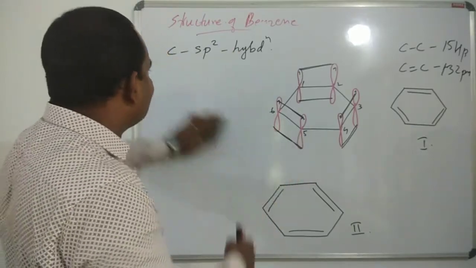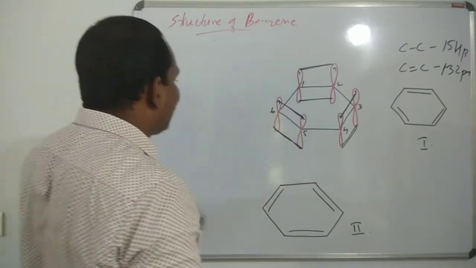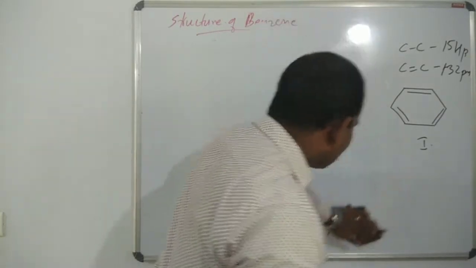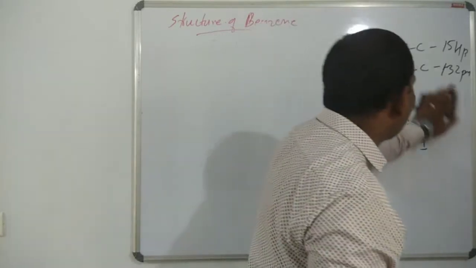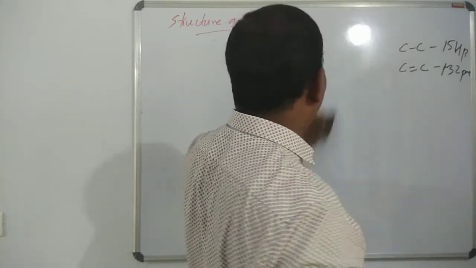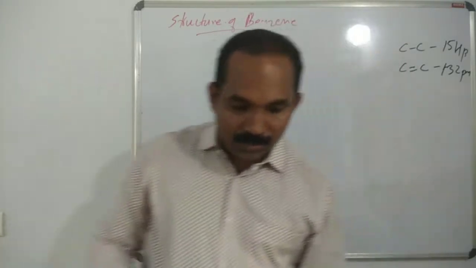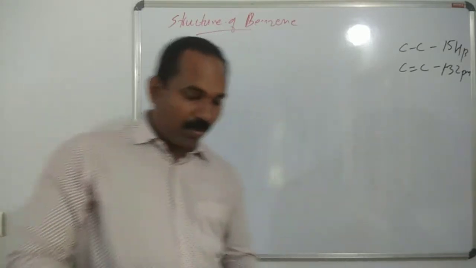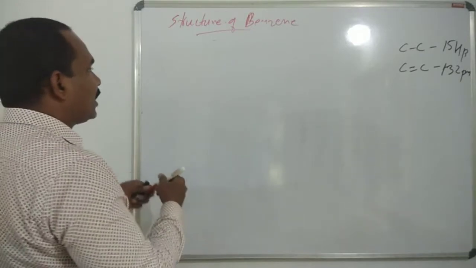Okay, it is a resonance. So benzene has many resonance possibilities, and these two important Kekulé structures contribute more. Two structures contribute more into the resonance hybrid.